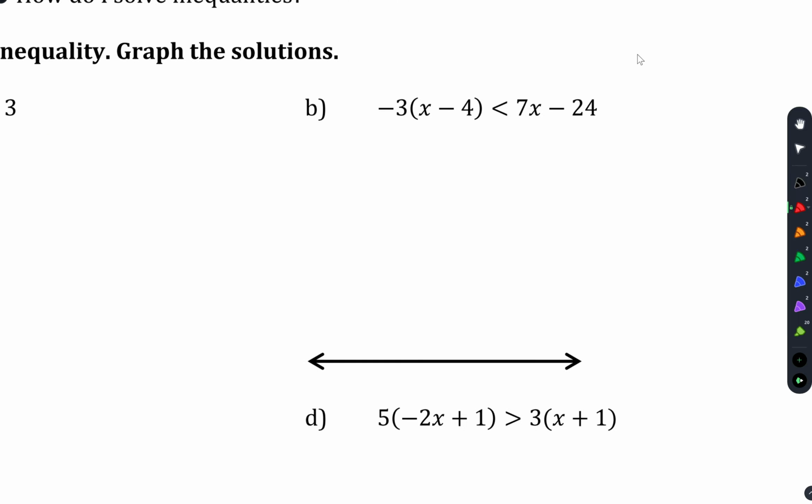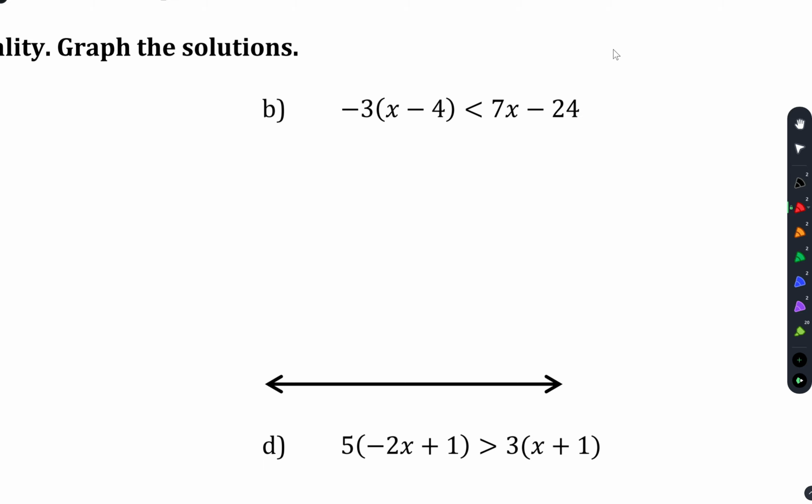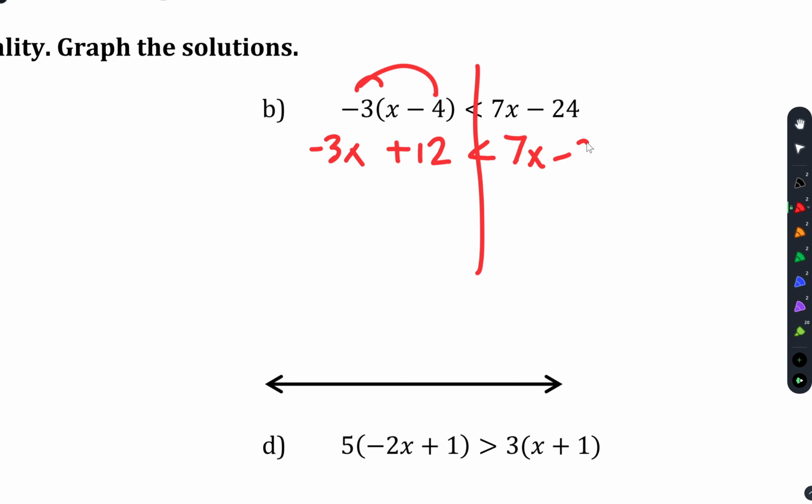Okay, letter B. So sometimes we have an extra step, of course. This time we're going to distribute before we can do anything else. I'm going to multiply that negative 3 to the x. I'm going to multiply that negative 3 to the negative 4. And then once again, I am going to move my variables to the left side.